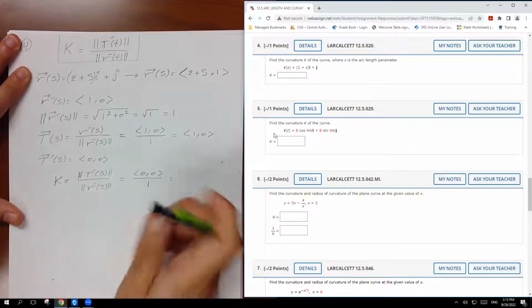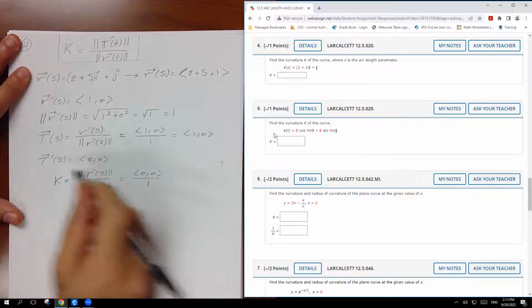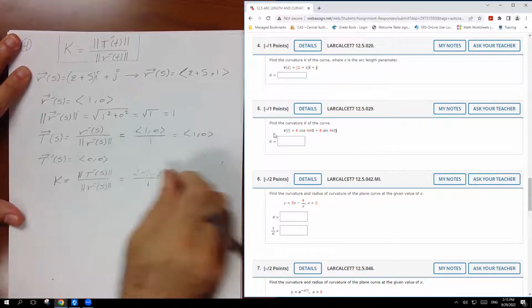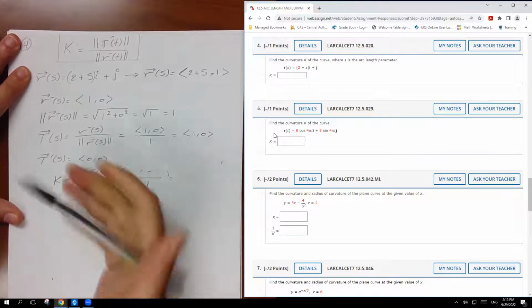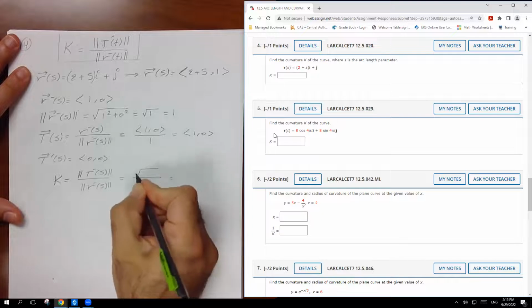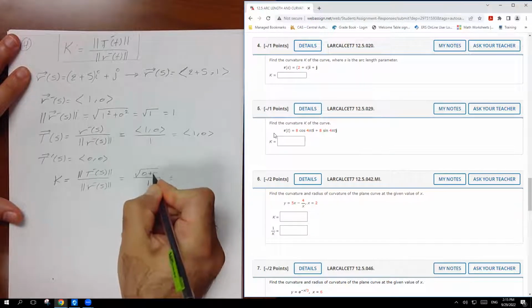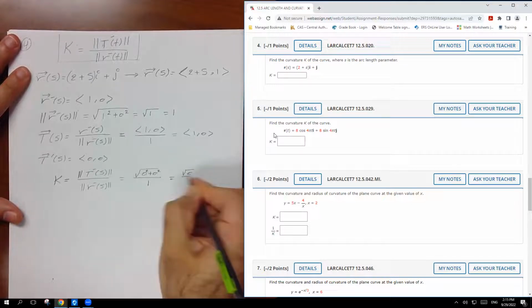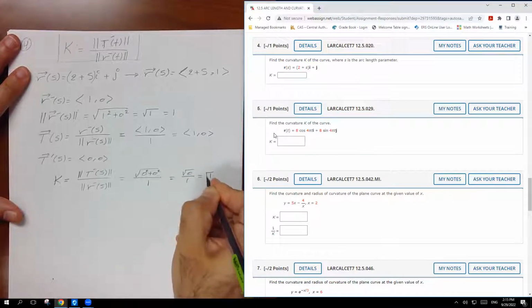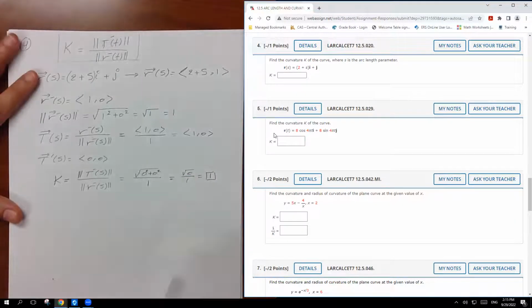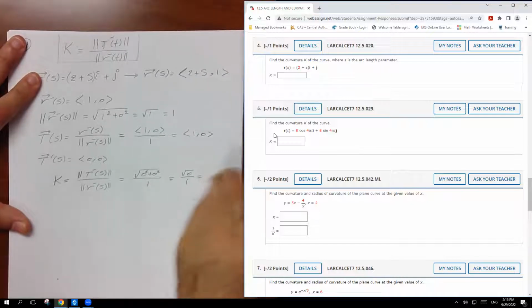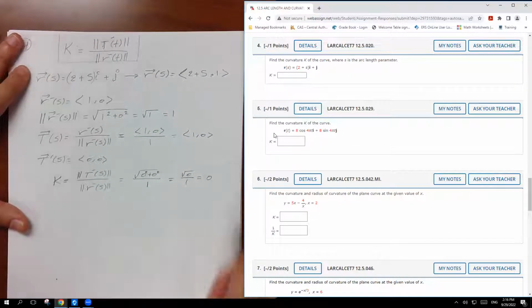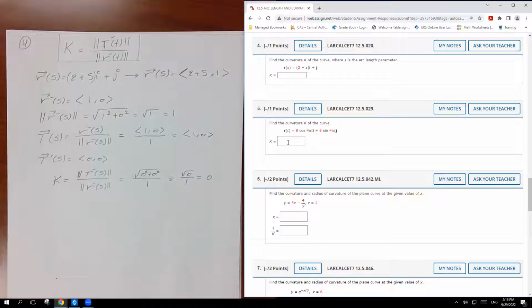Because it's a length, I find the length of this vector, which is the square root of 0 plus 0, so the square root of 0 over 1. Sorry, it's going to be 0. So the curvature here is 0, and that's it.